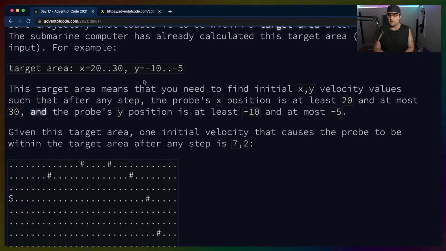I'm probably going to start with 0 anyway. But for Y, the velocity that we start with, how is that going to be bounded? Is it bounded based on the number of steps?